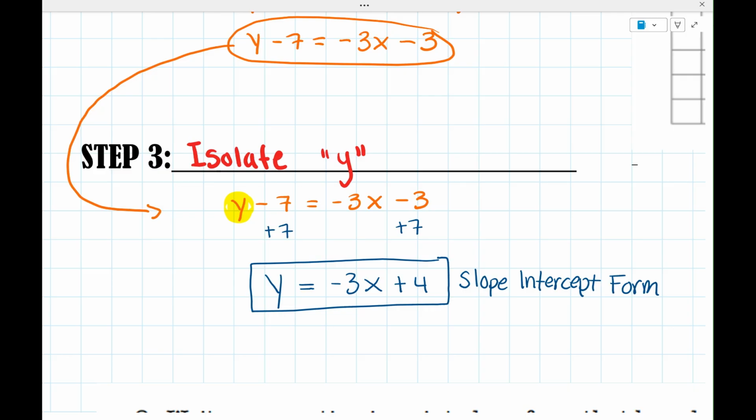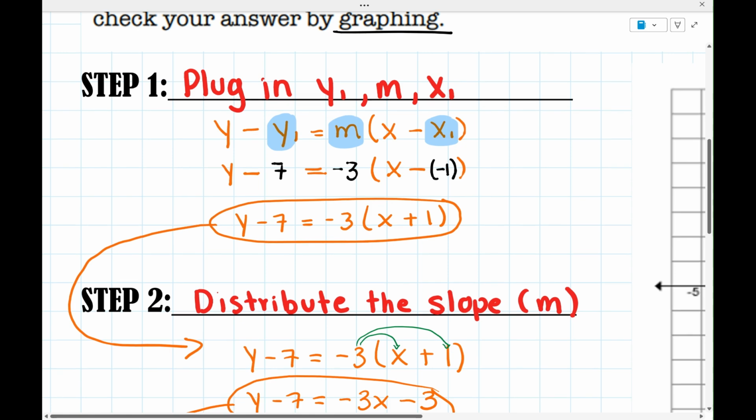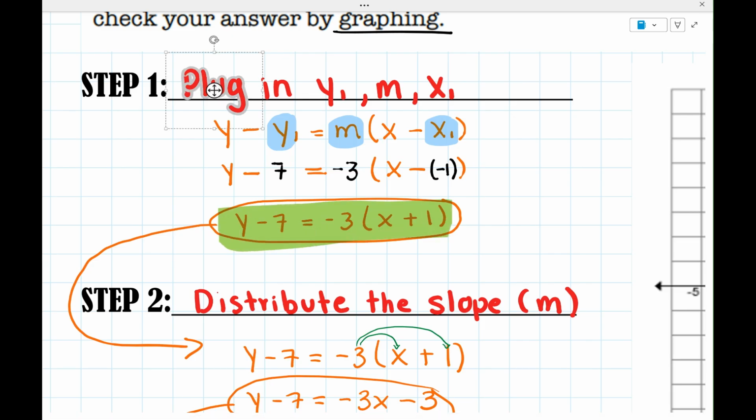So we have two equivalent equations here. That one right there, which is y equals negative 3x plus 4, is in slope-intercept form. And if we look back at step number 1, that equation there, y minus 7 equals negative 3 parentheses x plus 1, that's in point slope form.